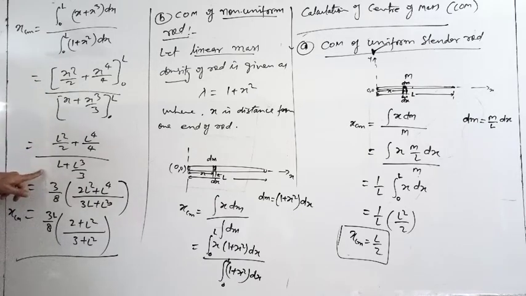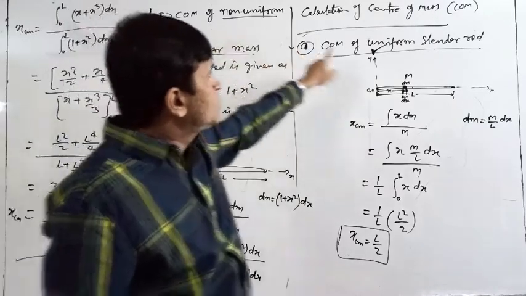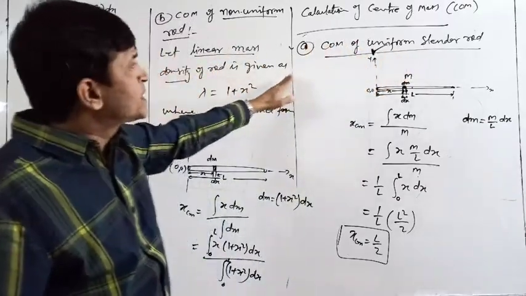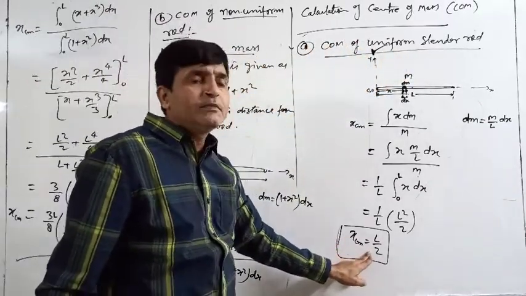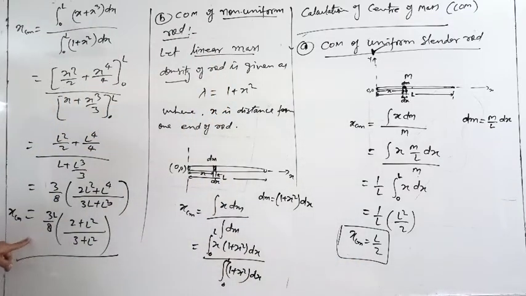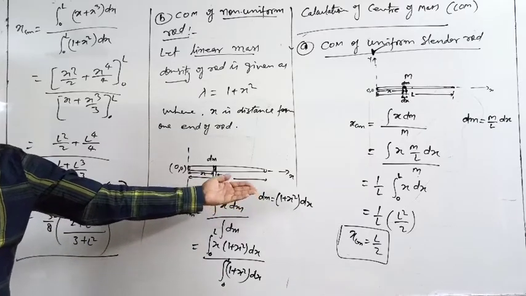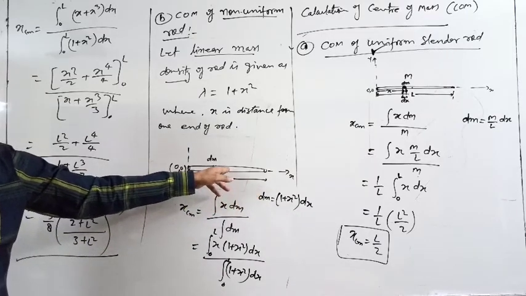Understood? So what is the main objective of this? It is a non-uniform rod. In case of a uniform rod, the center of mass is at the geometrical center, but this is not the geometrical center, because the total length of the rod right now is also L. The geometrical center will be at the middle, L by 2.